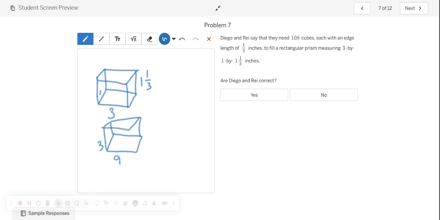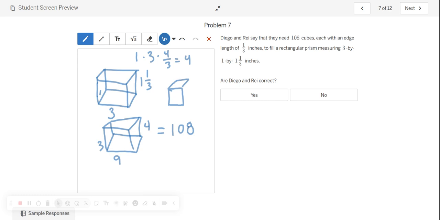And then 1 1/3 is 4. Oh my gosh, I'm butchering these prisms today. So I just do 3 times 9 times 4, or 3 times 4 times 9, and I get that that's 108. The other way is to go 1 times 3 times 4/3, and that equals 4. And you're like, oh well, but then I have to know that in a cube.